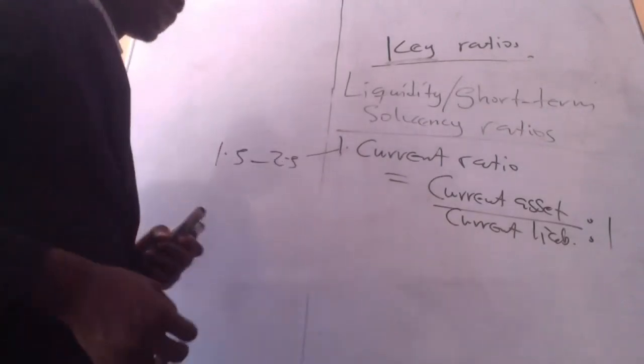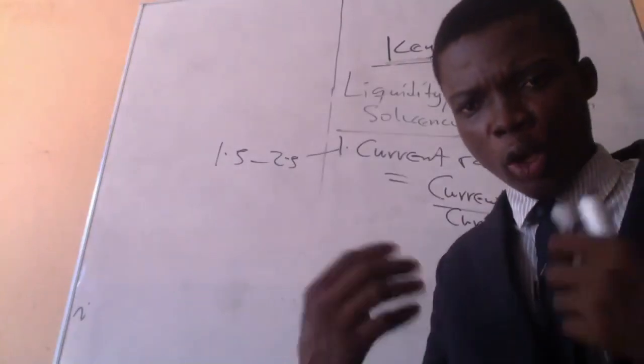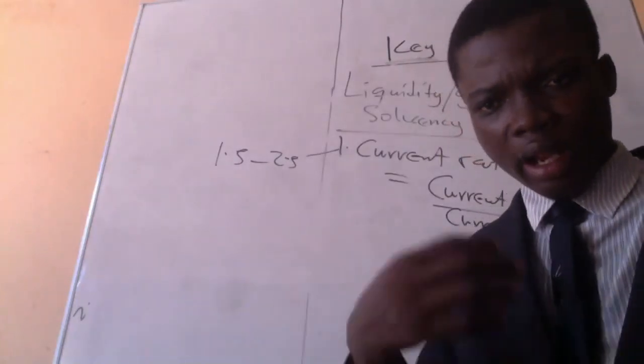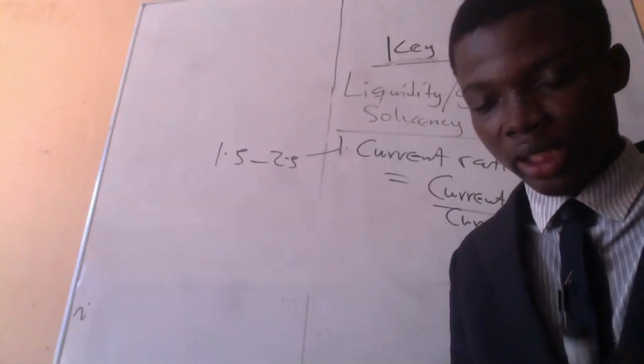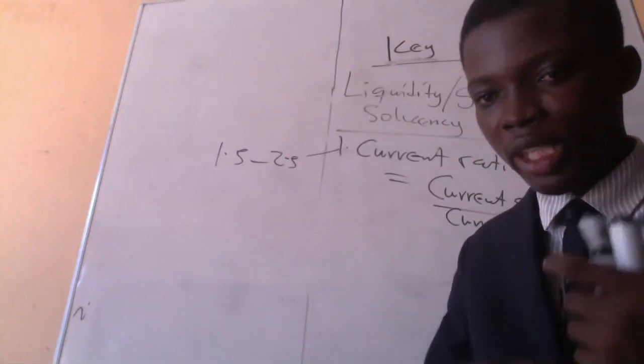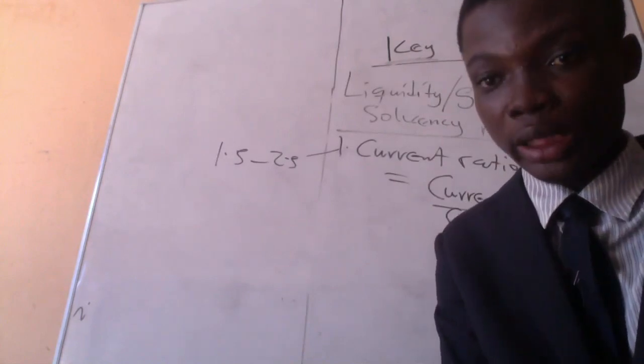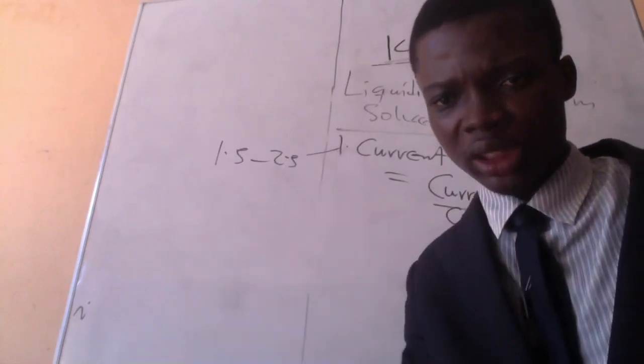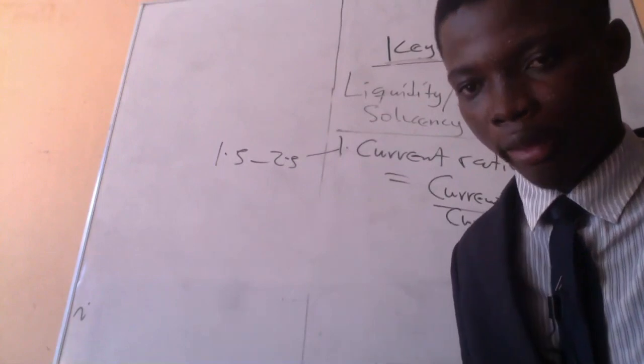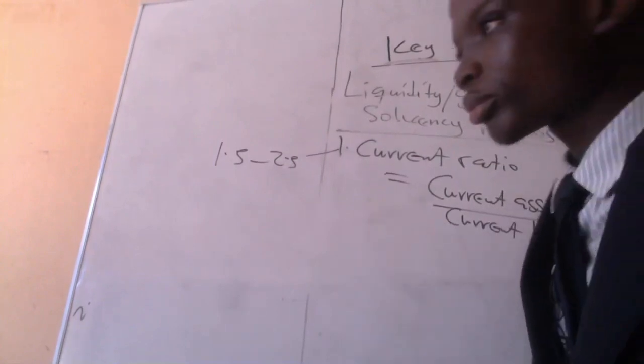Why should you have more investment in current assets? Can't you find a way of managing them efficiently? The excess current assets that you don't need, why can't you place them in short-term investments and get return on them? So take note.